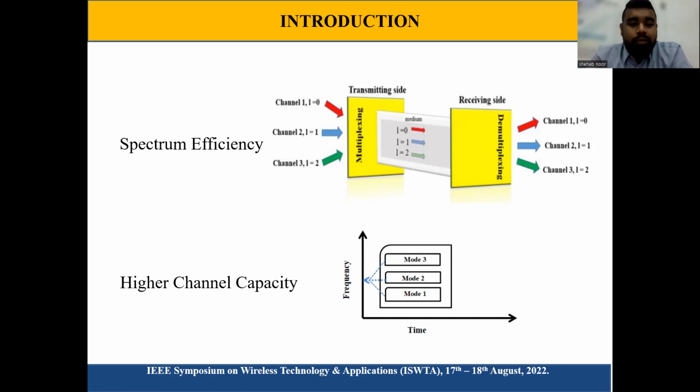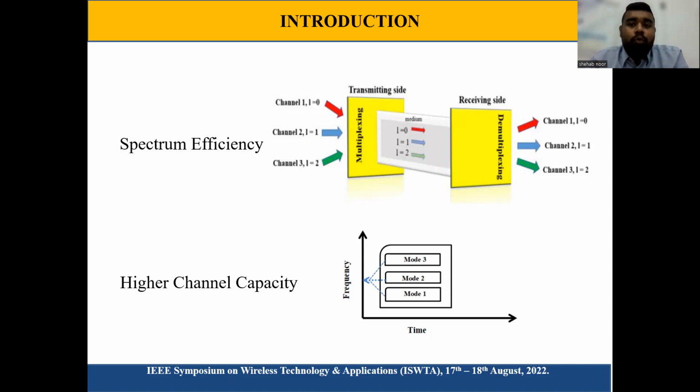Higher channel capacity. Basically, channel capacity means the number of users. As mentioned earlier, we can have infinite number of OAM modes, and these modes are orthogonal. So we can assign a lot of users in our channel using these orthogonal OAM modes. And OAM waves provide a new multiple access system called MDMA, which is mode domain multiple access.